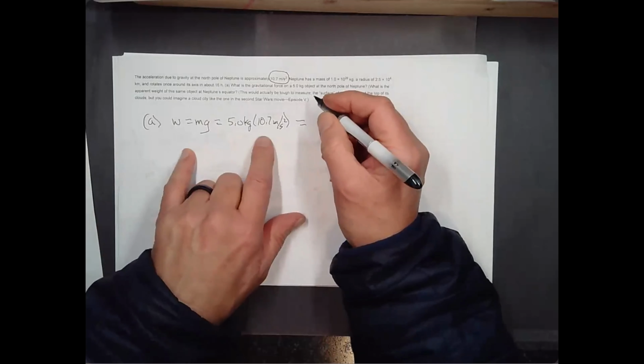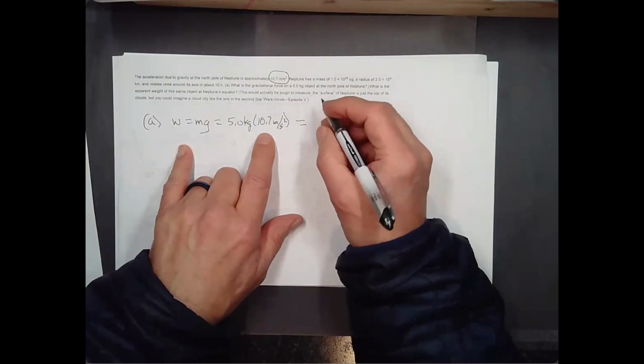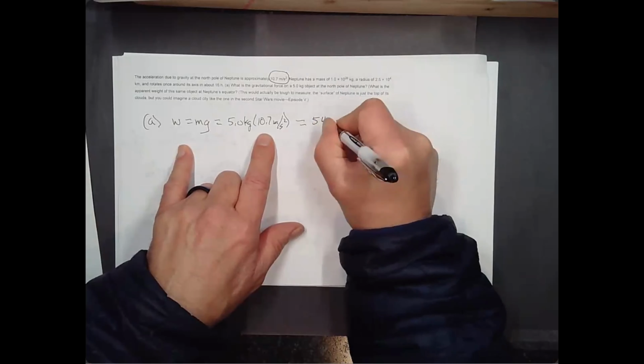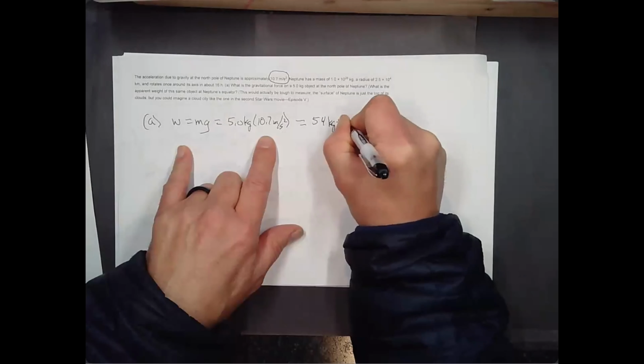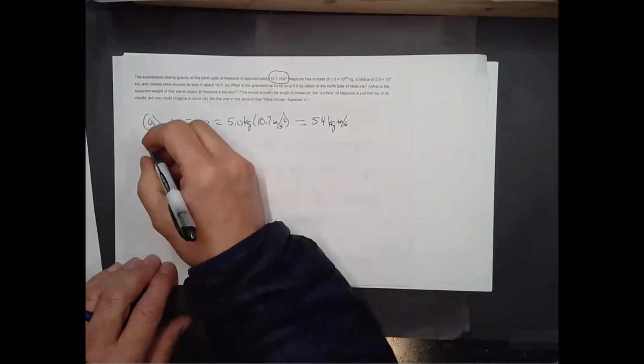Anyway, if you multiply these together, you'd get 53.5, which we'll round to, we only got 2 sig figs, 54 kilogram meters per second squared. So that's what we get for that one.